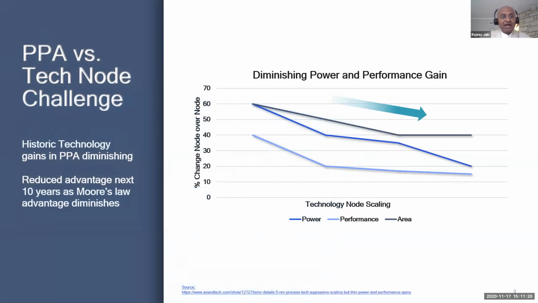So let's look at the challenge from a design perspective. We talked about the scaling problem in PPA, and this is a conceptual graph that gives you a rough idea of, if we look back over the past 3 or 4 process nodes and look ahead, how the gains, and this is the percentage gain, not the absolute gain, are reducing for all three: power, performance, and area.